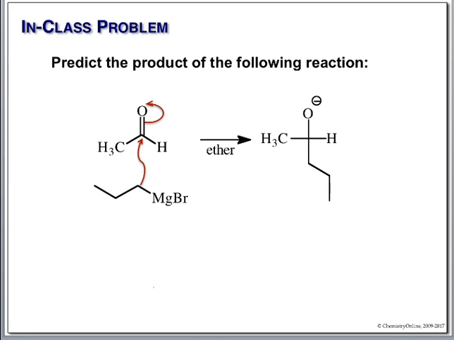Think about this in terms of synthesis. When you want to do a synthesis, you want to build a molecule, right? Here we are adding big chunks of stuff to simple molecules. This is how you do synthesis.